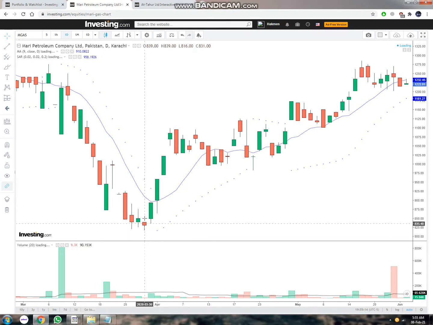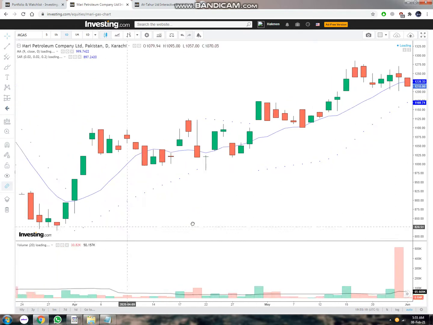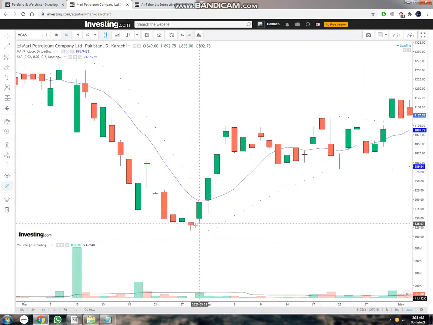This one candlestick you can ignore, but there is one thing you cannot ignore about this candlestick: it was a bearish candlestick, opened here, and it formed a lowest low.